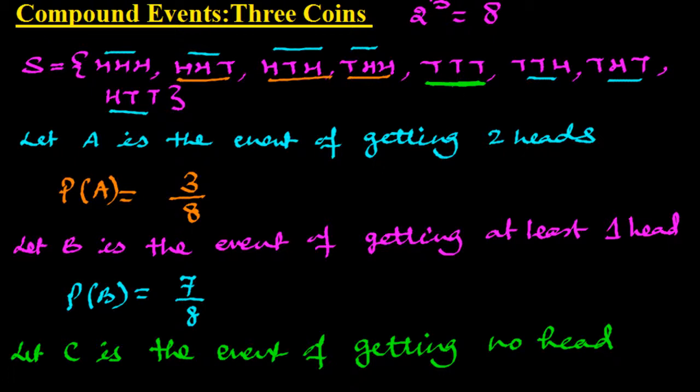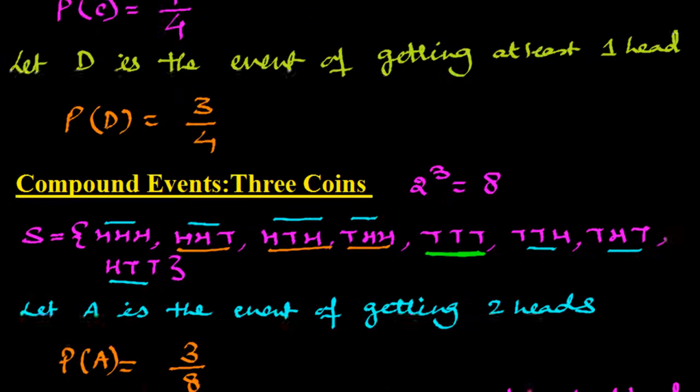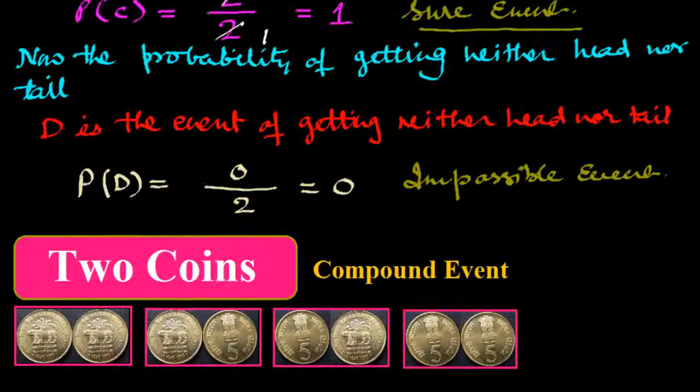So there is only one favorable outcome, and we get the probability of C as 1 over 8. So in this way we can find the probability of compound events of 3 coins. We can find the probability of compound events of 2 coins, and we can find the probability for a single coin where we get simple events. Now in the next session we study dice and playing cards. Thank you.